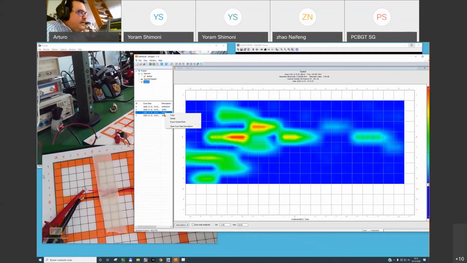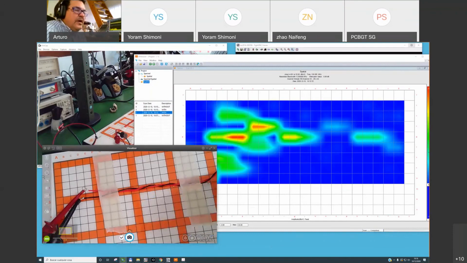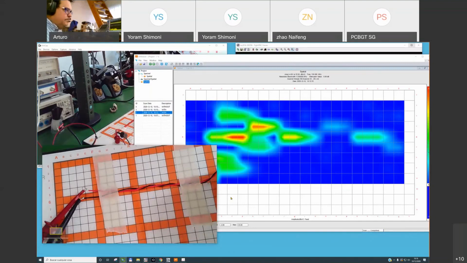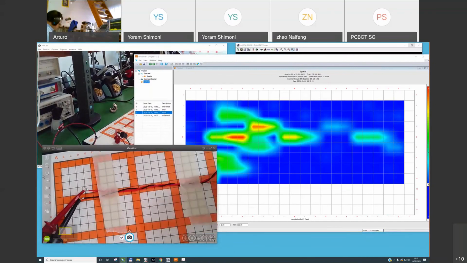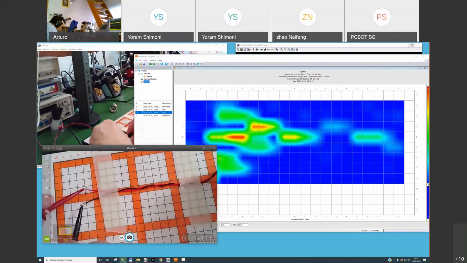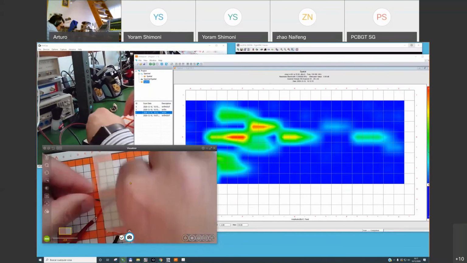Remember this, if the cables are not very close to each other, then you are measuring both common mode and differential mode. If you want to measure common mode, the two wires must be as close as possible. Let me see what happens if I open the loops. Like this, let me separate.